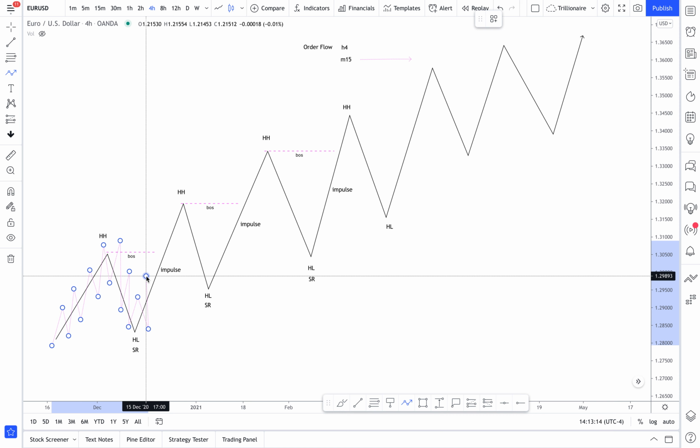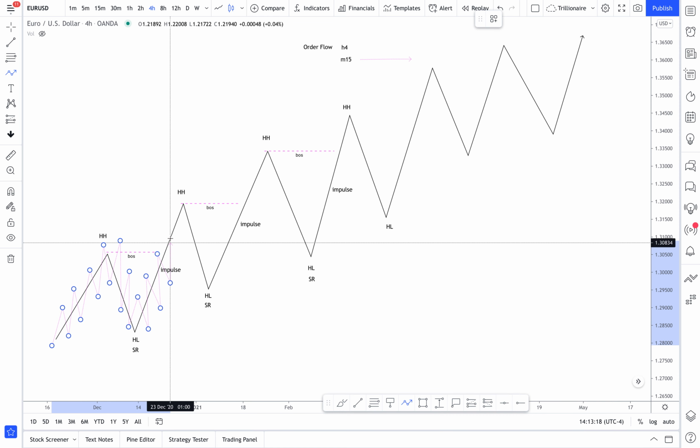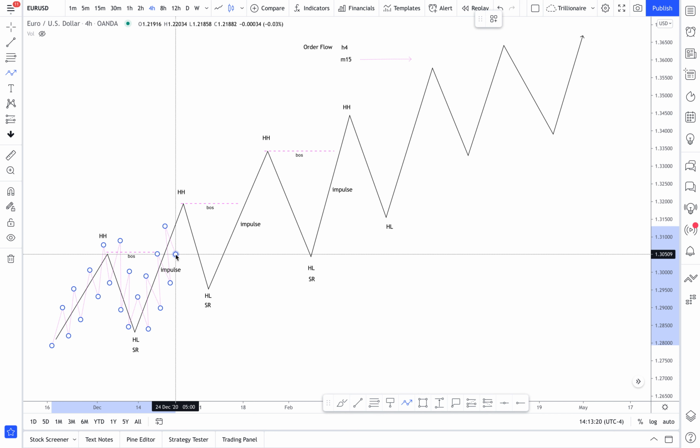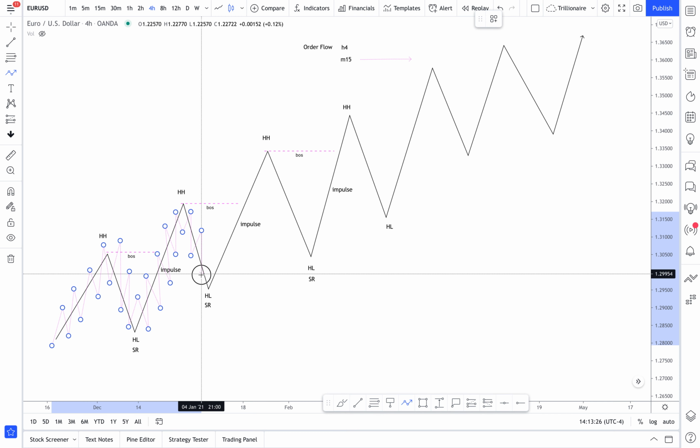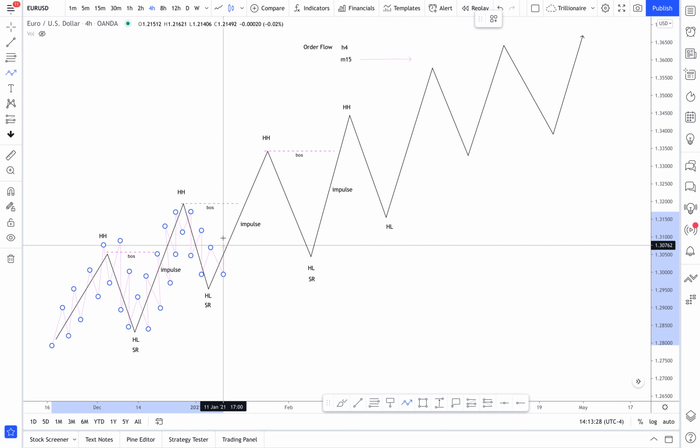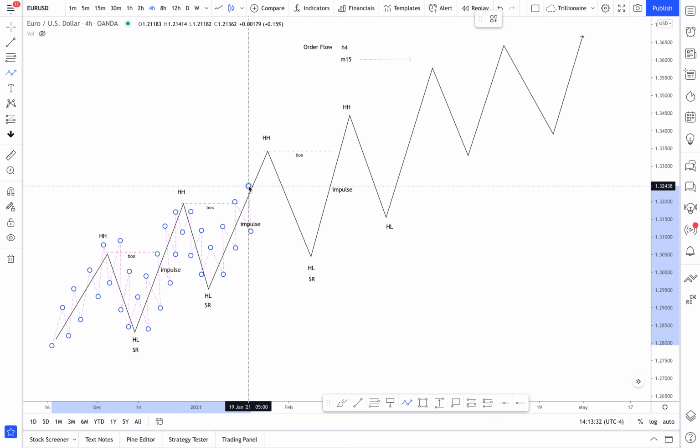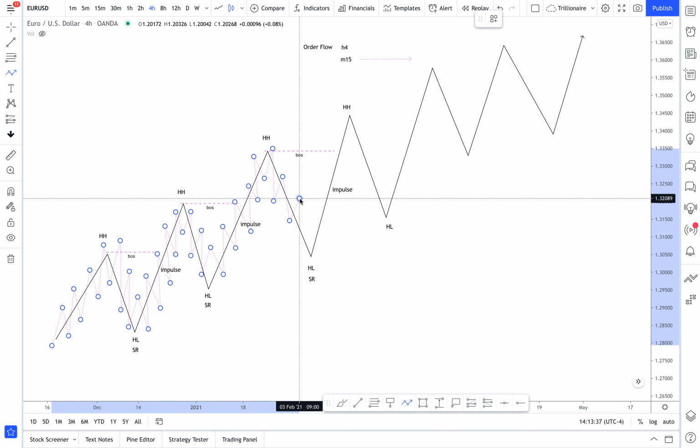Okay, you'll see another break of structure on the M15. So this is how price looks on the M15 time frame while going through higher time frame order flow. Okay, so once you actually understand this, it makes it very, very easy to understand what the market is doing no matter what the lower time frames look like.